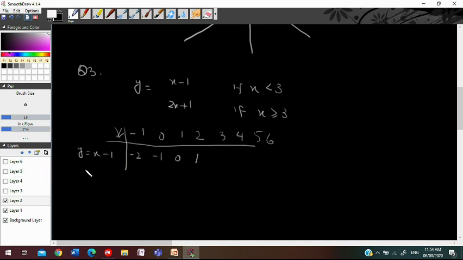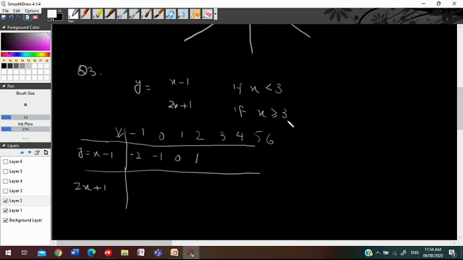Now the other function is 2x plus 1. This is the first function, this is the second function. And for this function, our values start from x greater than or equal to 3.